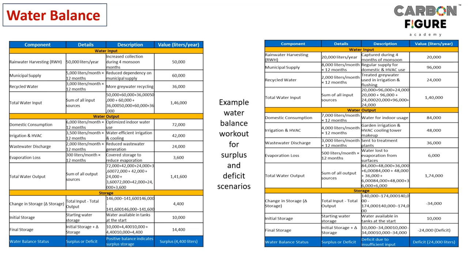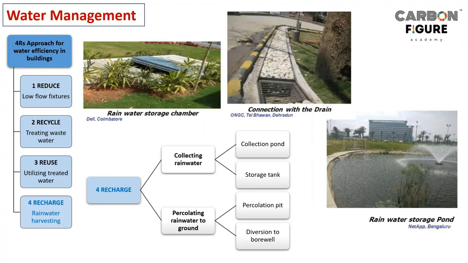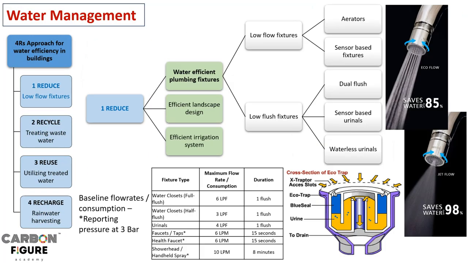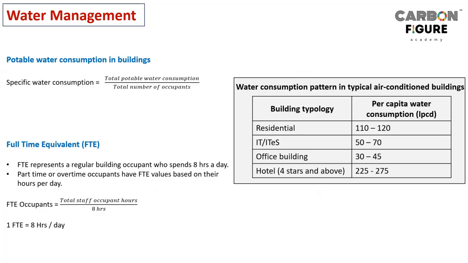Now let's talk about water output, the usage. Domestic consumption is 6,000 liters per month for 12 months. How can this be worked out? We mentioned full-time equivalents in the previous module: total potable water consumption divided by total number of occupants gives you the specific water consumption.